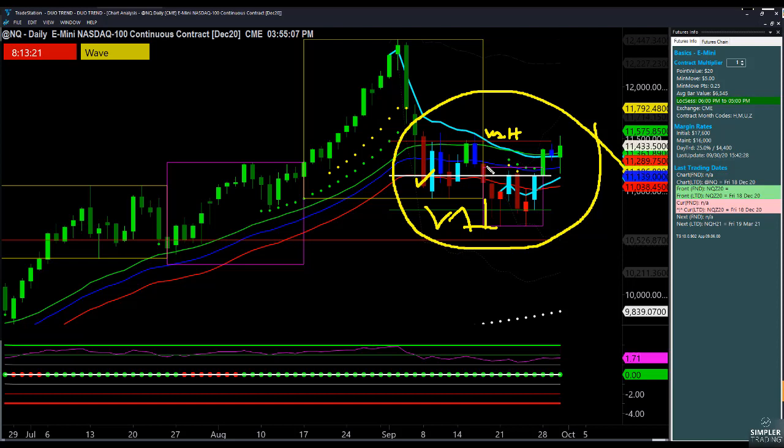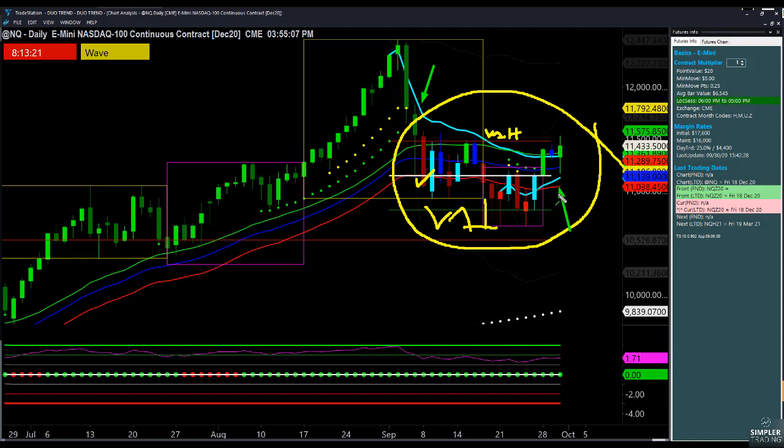However, this morning, having opened above two key volume weighted average levels, so I have the VWAP right here, and this VWAP right there. We opened above both. These are both anchored VWAPs, and I use anchored VWAPs in order to understand where we are from a volume perspective.